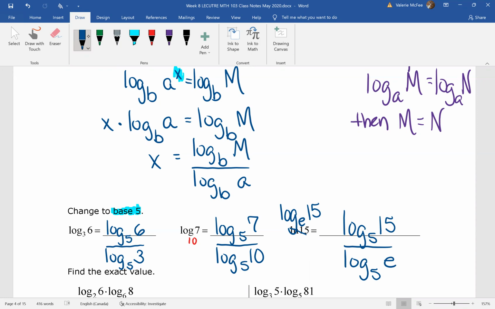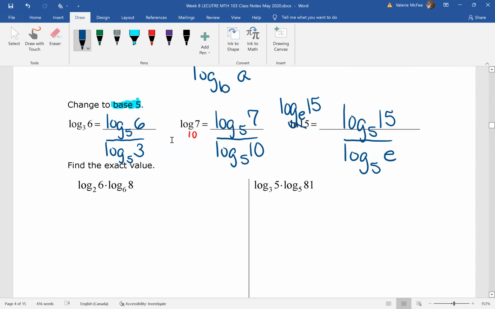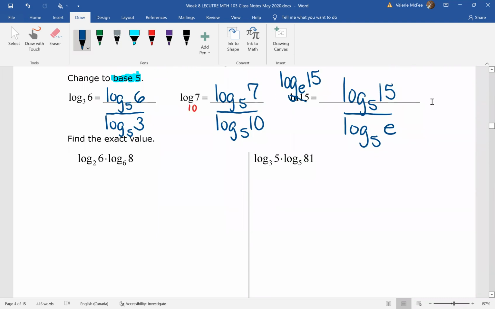So how do we apply this change of base formula then? Look at these two questions. We have different bases. Log base 2 of 6 times log base 6 of 8. And remember that property 4.